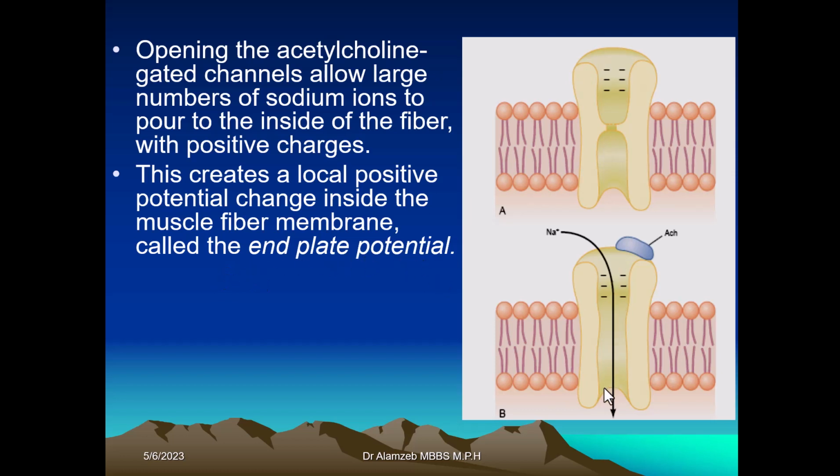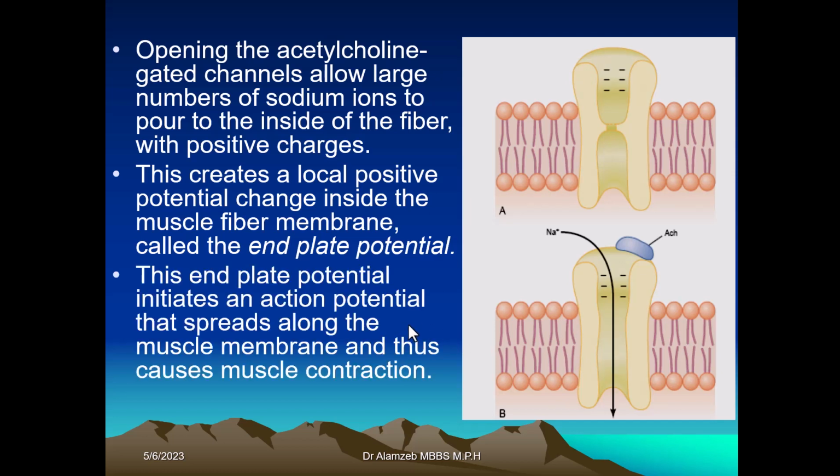When the sodium enters the muscle, this causes a potential called the end plate potential, or receptor potential. This is not an action potential, but a receptor potential. This end plate potential initiates an action potential that spreads along the muscle membrane and thus causes muscle contraction.